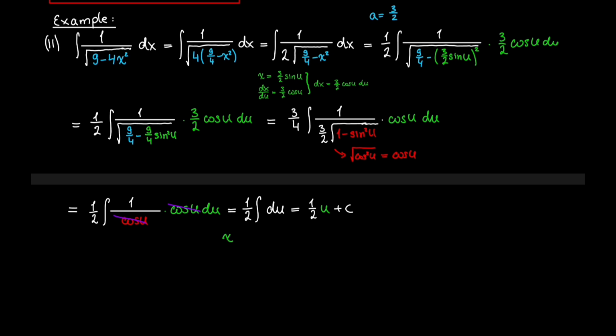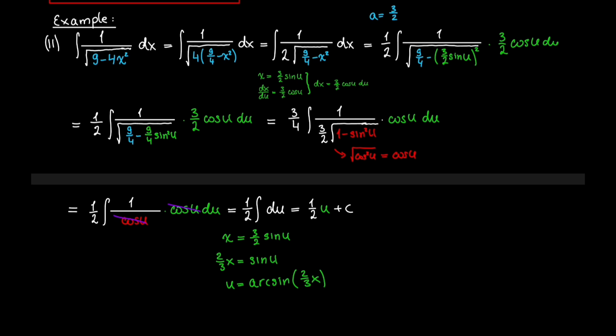And step number 1 would be to go back to our substitution x equals 3/2 sine of u. Step number 1 here will be to move the 3/2 to the other side. So what you get is 2/3x is going to be equal to sine of u. And those of you who know trigonometry very well, you probably already know here we can use the inverse sine function in order to express u explicitly in terms of x. So u is going to be equal to the arcsine function of 2/3x.